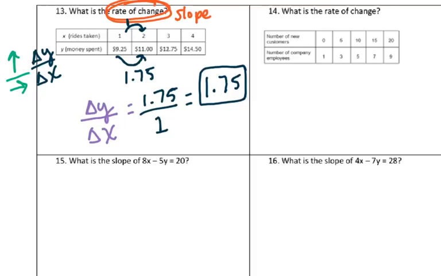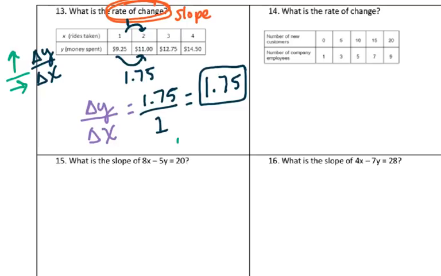Number 15. What is the slope of 8x minus 5y equals 20? So you graphed these last week, and in order to graph, we said that we want to solve for y. The reason why we graphed by solving for y is because looking at this, I have no clue what the slope is.